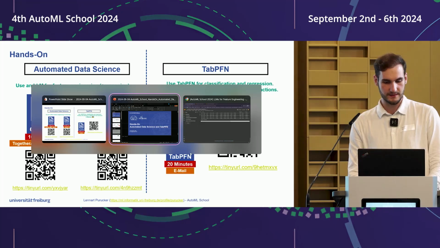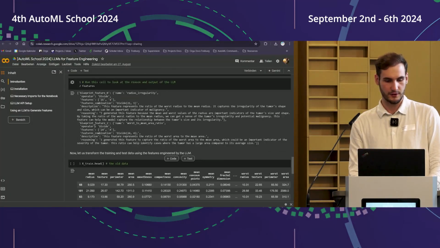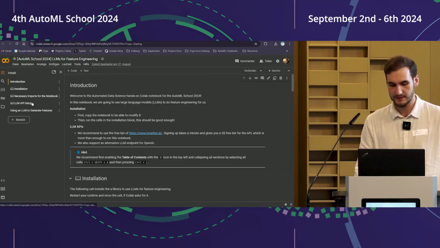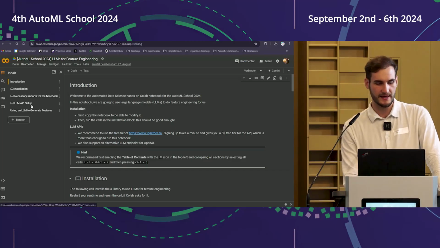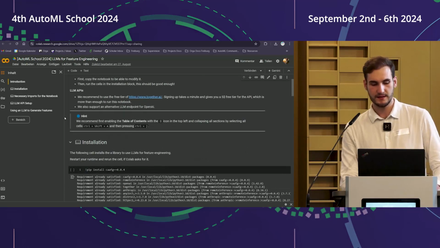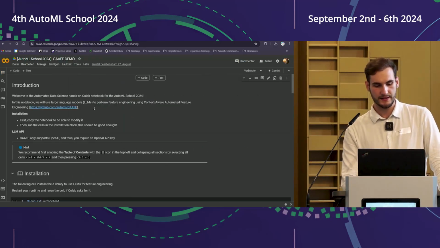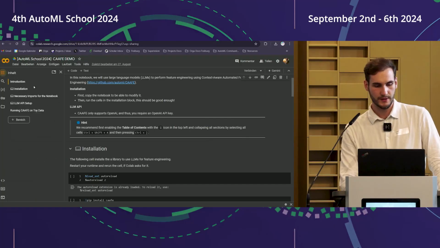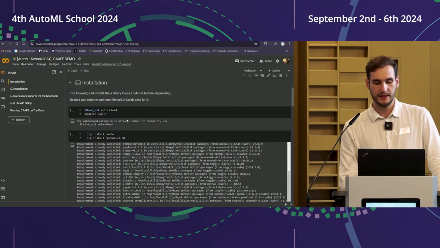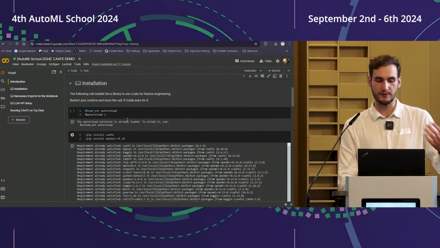Maybe as a final thing, I will just quickly go over it. So this is the feature engineering one, where we basically have, again, the setup and then just using this, and you will see later how this turns out. Here we have the CAAFE demo, which is really similar to what you can find also in the README if you go on GitHub, and just go through the example real quick and you can play around with it.